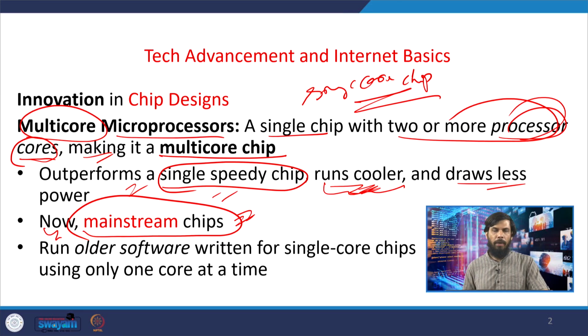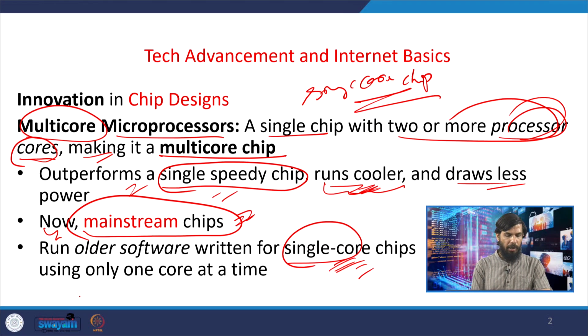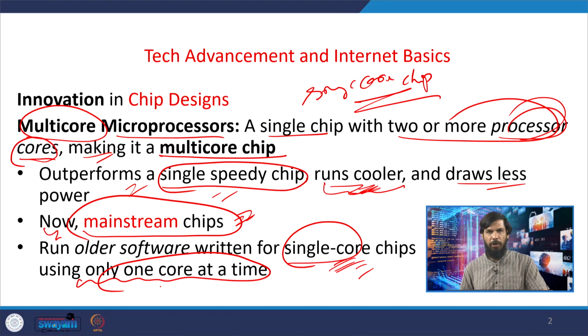Now, what happens to the software applications that were actually written for single core chips, right. The compatibility is built into the new architecture itself, because it has two or more processing cores. To run the software that was designed and developed for single core chips, in case of multi-core chips, we can use only one core at a time for those software applications.